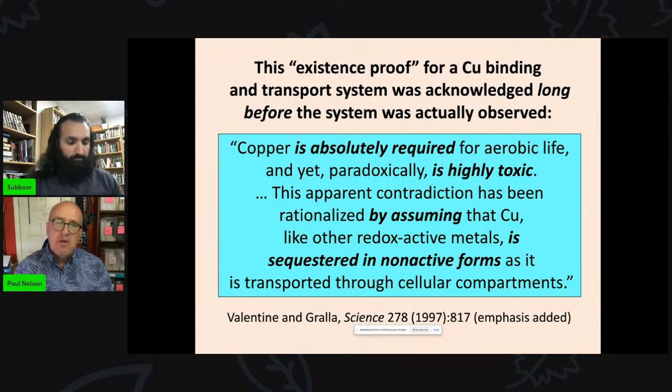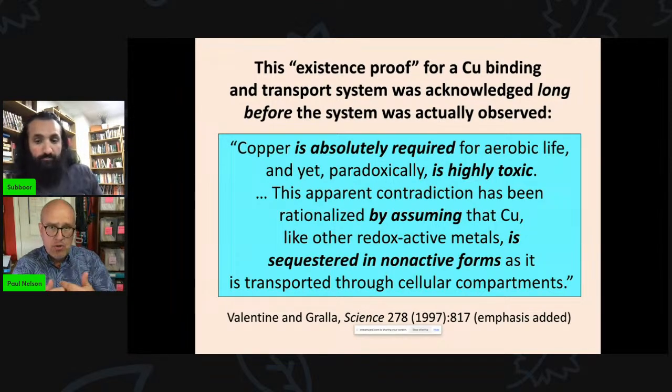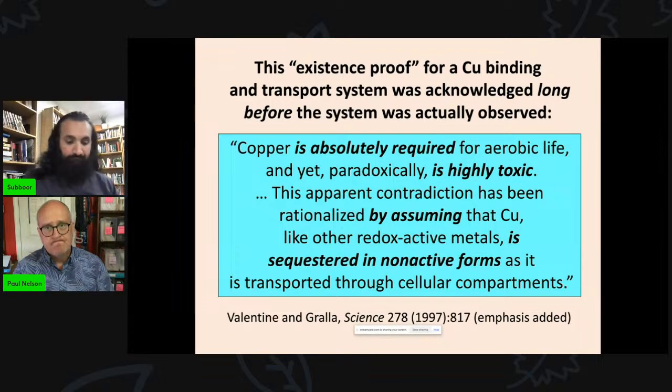What else do we know? It's a poison. How do you rationalize those two, A and B? You assume that there's a system that organisms are using to control their copper. We don't know where it is. We haven't characterized it. We have a pretty good inference that it's there.